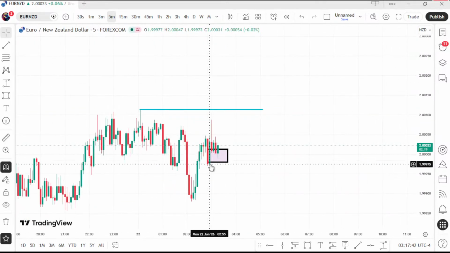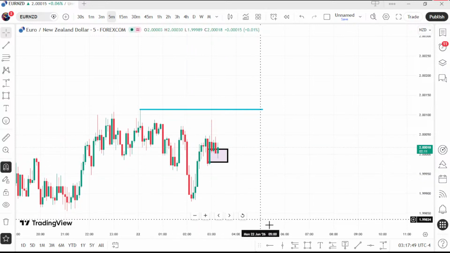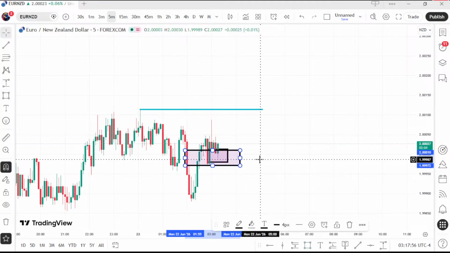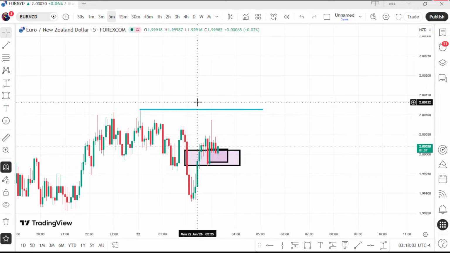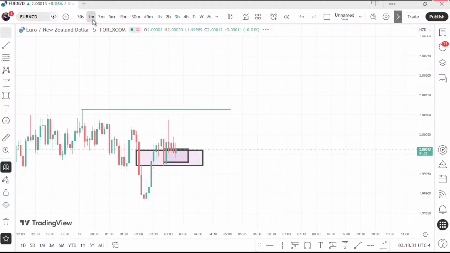Checking the 5 minute, yeah, to that low, but there is no fair value gap that price has retraced, or maybe this inversion fair value gap here, for price to rally up higher. So that's what I'm expecting.